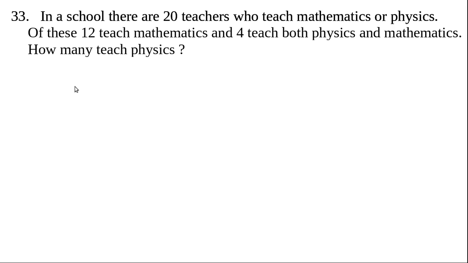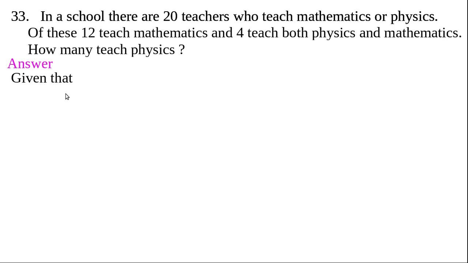In order to write the solution of this question, first we want to transform the concepts given here to the form of sets. Here it is given that 20 teachers teach physics or mathematics.